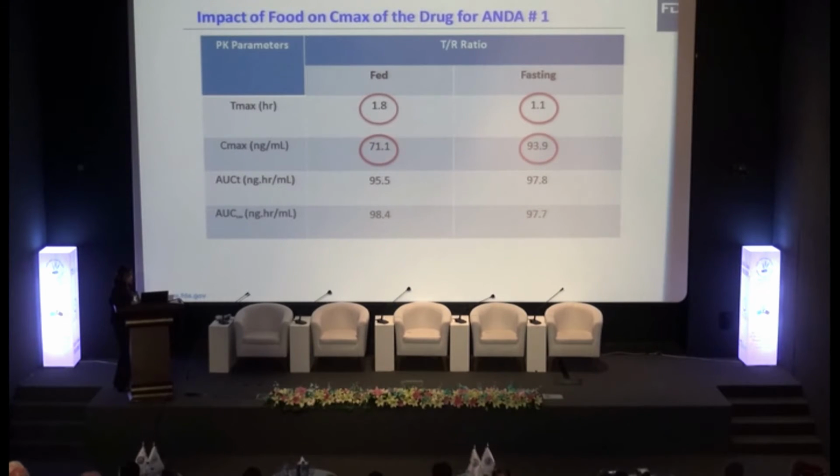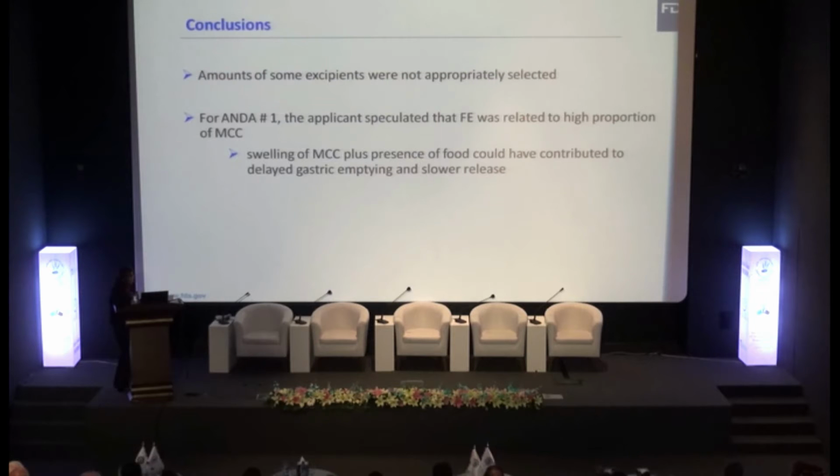And so here, in this particular case, the conclusion was that the amount of some excipients were not appropriately selected. And for the ANDA number 1, which was totally out of the range, the applicant themselves speculated that the food effect was related to a high proportion of the MCC, the microcrystalline cellulose.